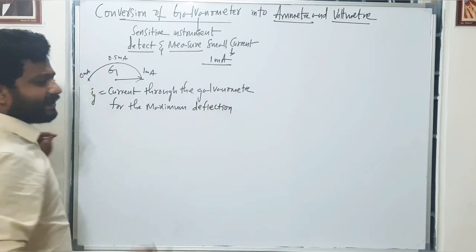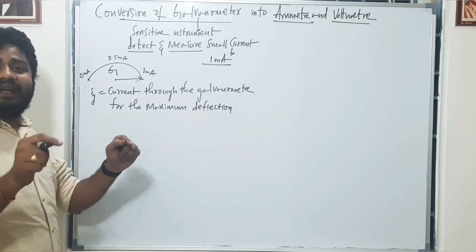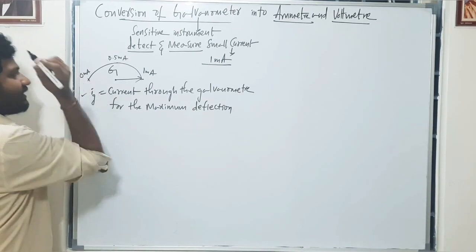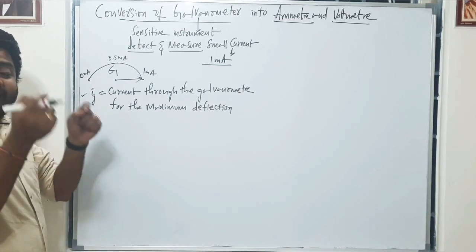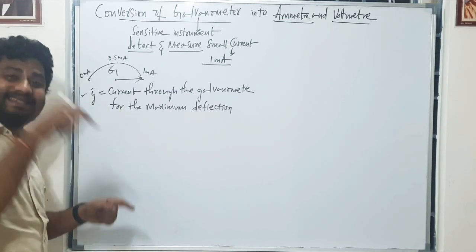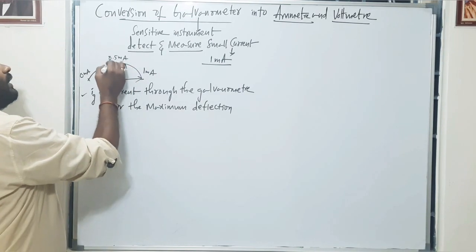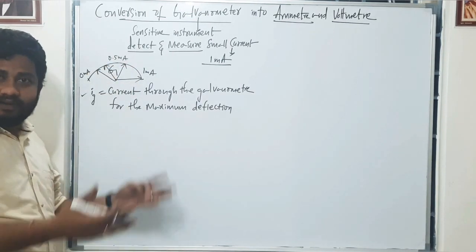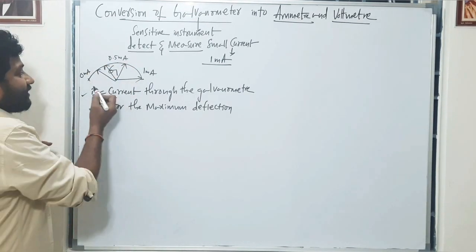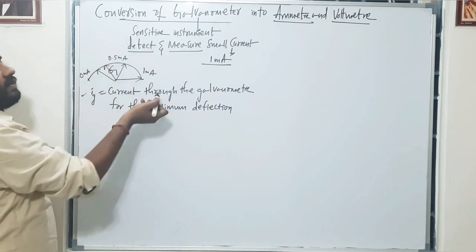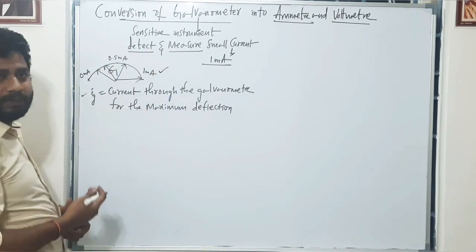Remember, the maximum deflection takes place for the current I suffix G. When the current passing through the galvanometer is less than I suffix G, the needle will be deflected till here or till here. In that way it goes. But when you need the maximum deflection, the maximum current must pass through this galvanometer.